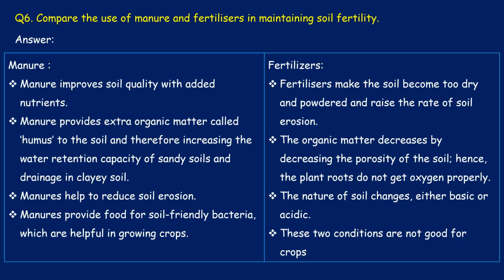One is dryness of the soil. The second one is decreasing the porosity of the soil. An acidic nature or basic nature is also not good for crops. So these are the differences between manure and fertilizers. So it is better we adopt manure rather than fertilizers.